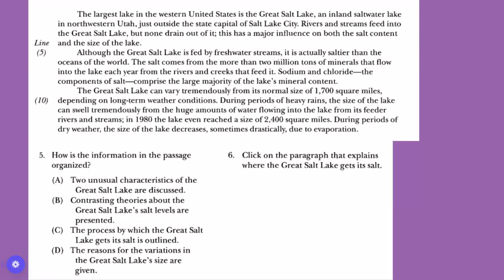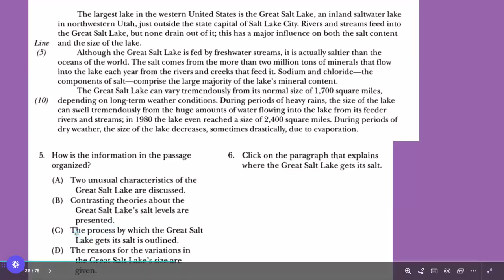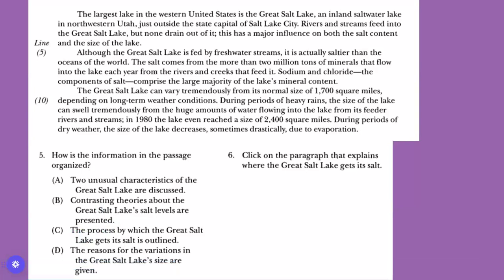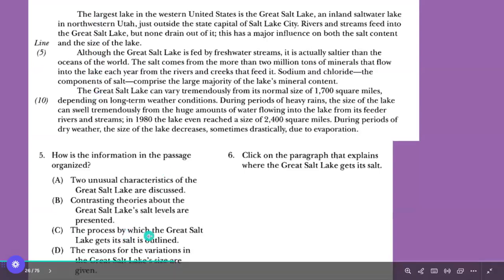Now, if I use my strategy of reading just the first line or the first sentence in each paragraph, I can quickly discard incorrect options. Look, letter C says the process. Words that show processes can be like first, then, next, the first thing, the first step, step 1, step 2. Those words, those keywords show a process. And if you see in any of the paragraphs, I can identify those words. So right away, I can know that is not a process.